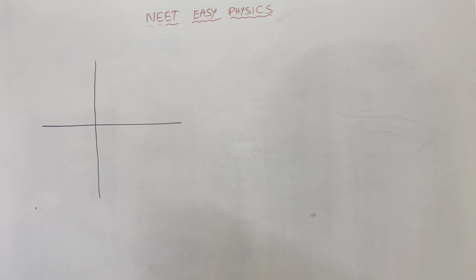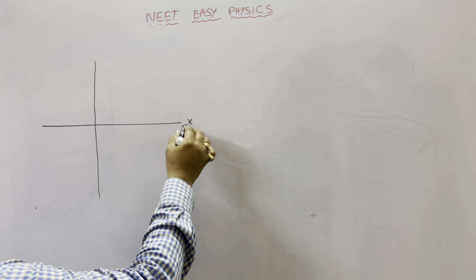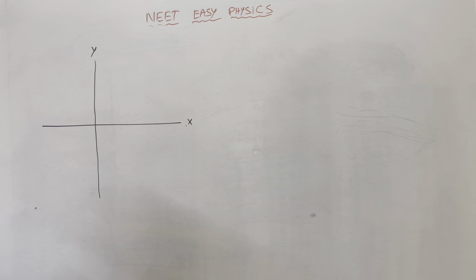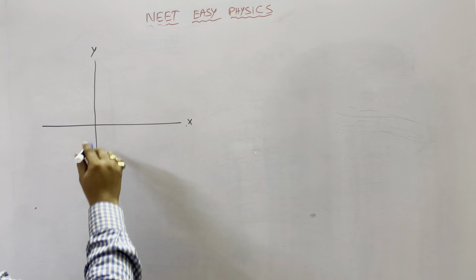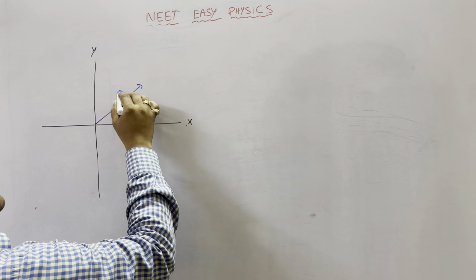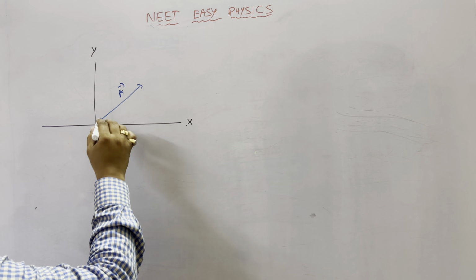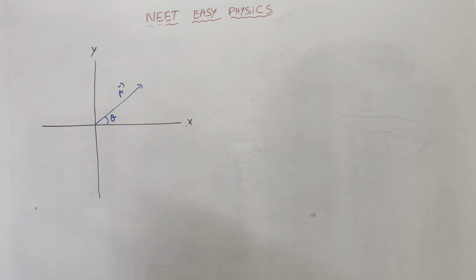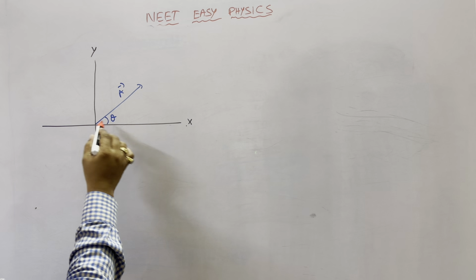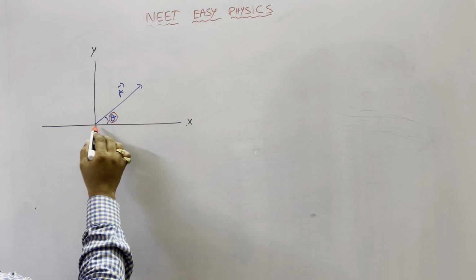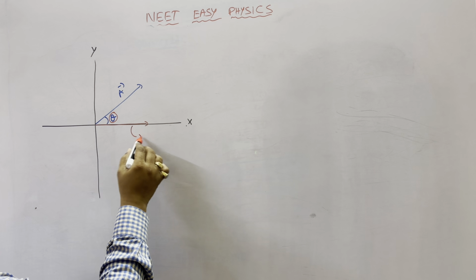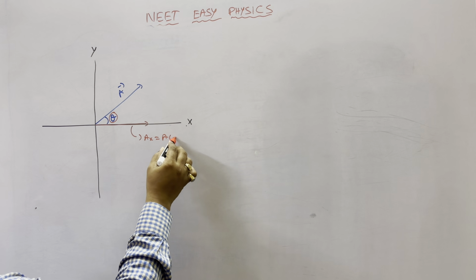So these are the xy coordinates, the xy plane. You are taking a vector like this, just now we discussed, this is A bar. If the angle is theta, now we are finding the horizontal component, which is basing theta, that is always A cos theta.